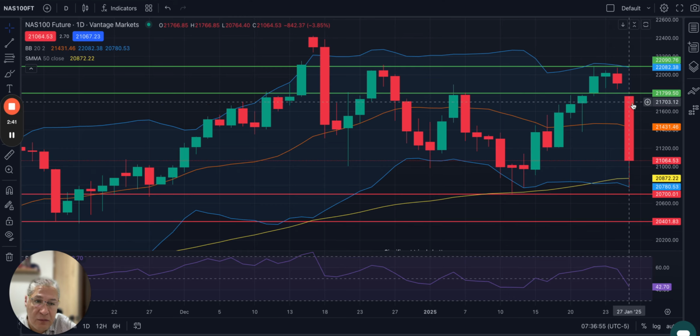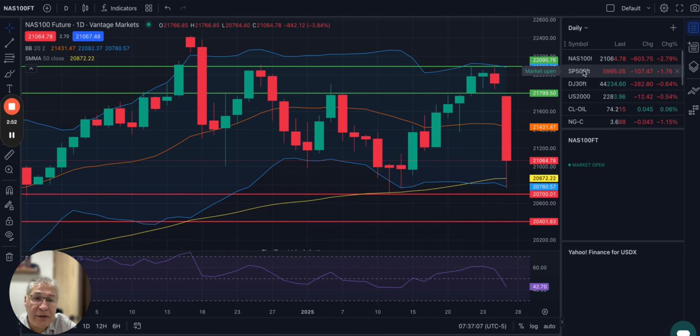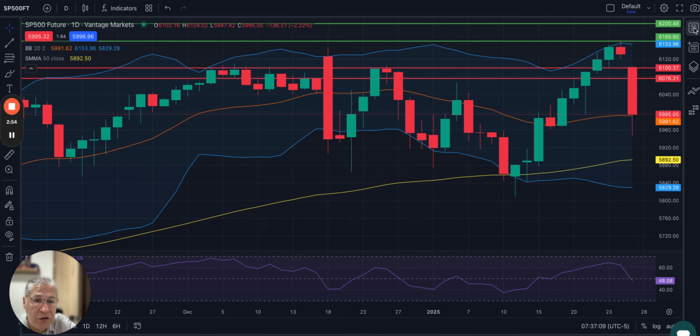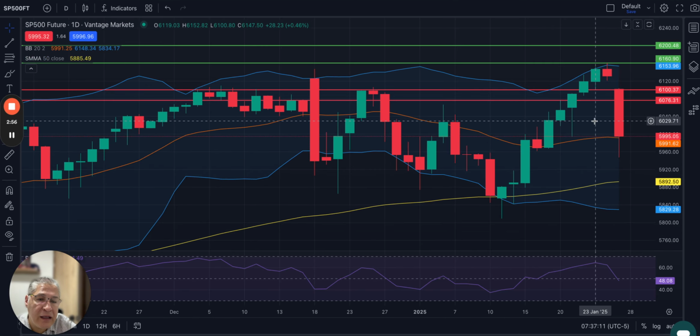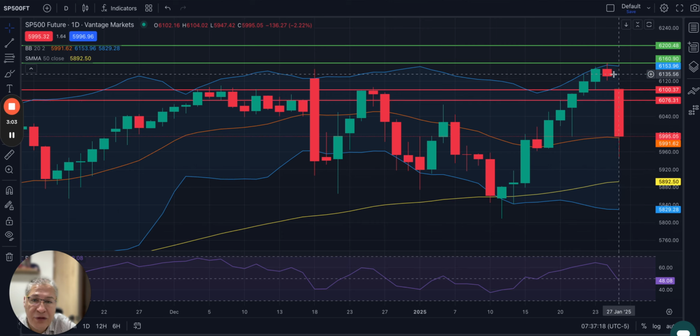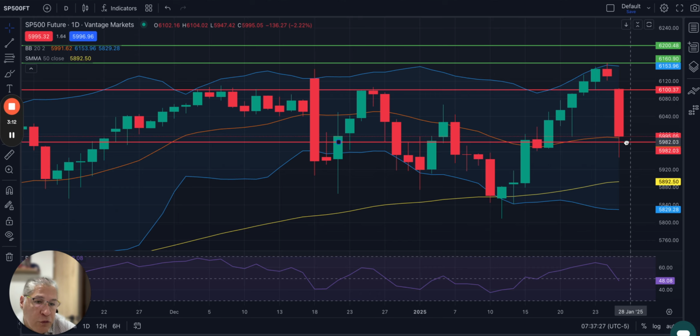So that's a strong movement to the downside. What set that off? Gap down, stops being taken out, and the sell-off continuing. That's just from the London session, obviously. Here we have the S&P 500, also a very strong gap down after last week closing at record highs again, and from that high it is making such a strong move to the downside.